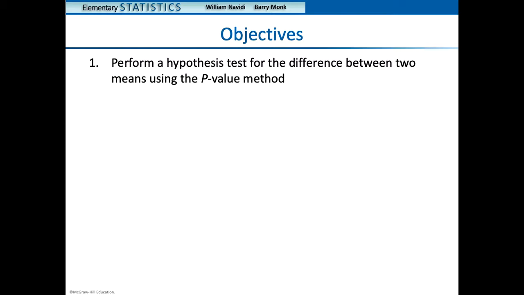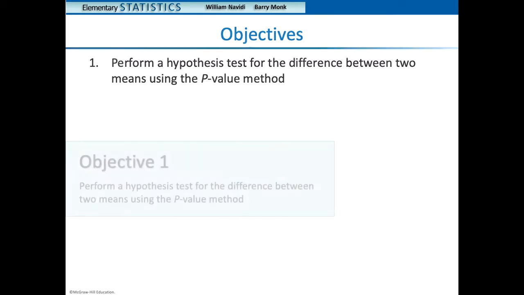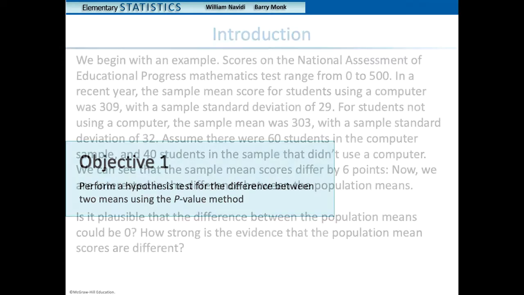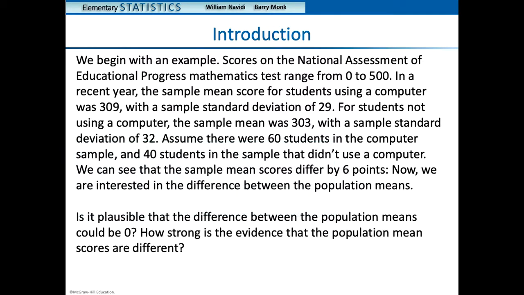In other words, our steps for conducting the test will still involve establishing our hypotheses, computing a test statistic, finding a p-value. But we'll tweak the formulas for doing these specifically for the context of difference between two means. So let's look at an example where this approach would be useful.